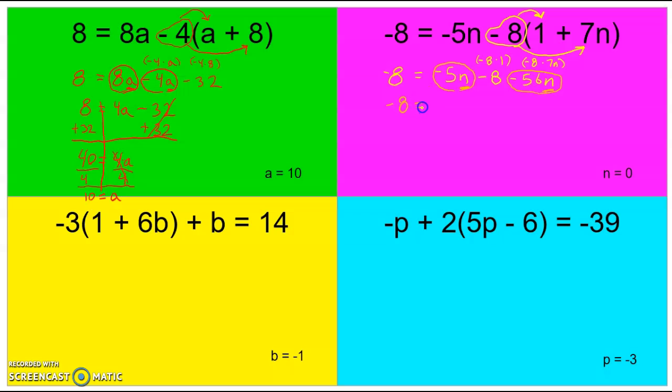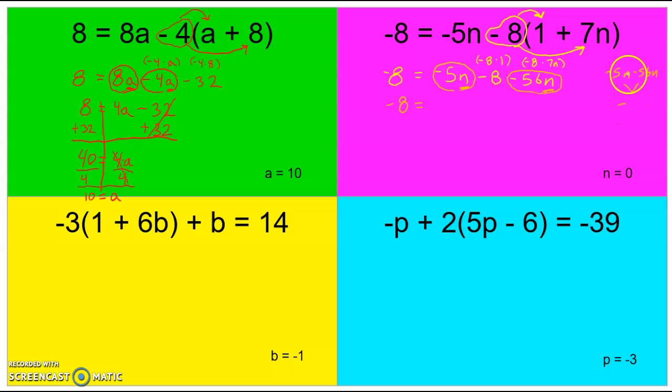So combining those together, let's rewrite our equation. -8 is equal to, so when we add up -5n minus 56n, it equals negative. Remember, when we are adding or subtracting integers and it's the same sign, we add them together.